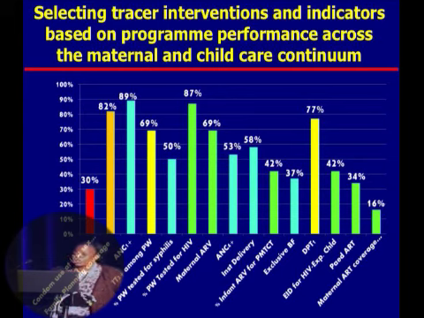I just want to mention that a lot of what we see in PMTCT is very much related to the MCH platform. In this particular country, if you look at ANC1, which is the third bar, 89% of women were actually coming for ANC. Testing rates for this country were actually quite high, almost 87%.